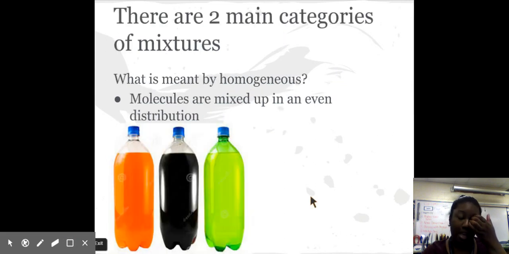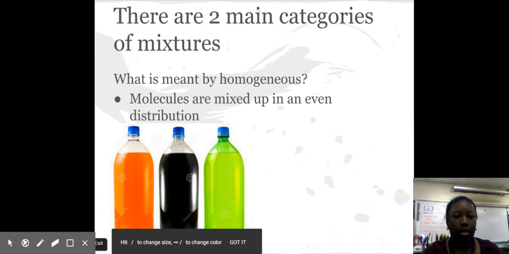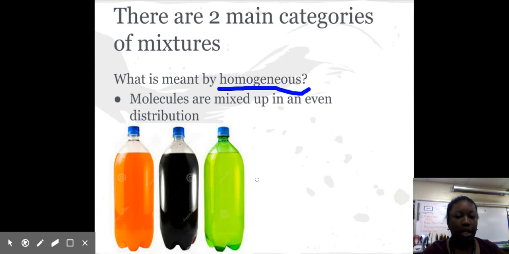So we have two main categories of what a mixture is. The first one we're going to talk about is a homogeneous mixture. And this is when the molecules that are mixed together are in an even distribution. Okay, so if you can see these three different sodas, we have a Mountain Dew, we have our Pepsi, and we have our orange soda.